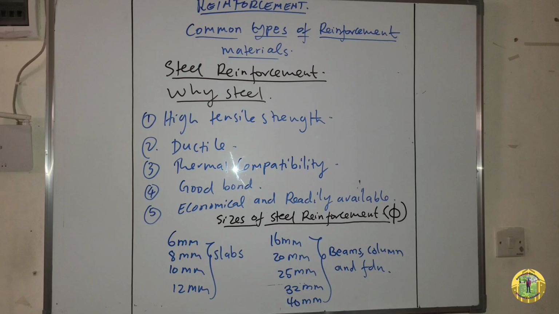But the selection of the size of the bar and where to use it depends on the design and analysis of the structure. So you can't just choose any diameter to be used in a slab and so on. It depends on the analysis and the design of the structure you want to build.